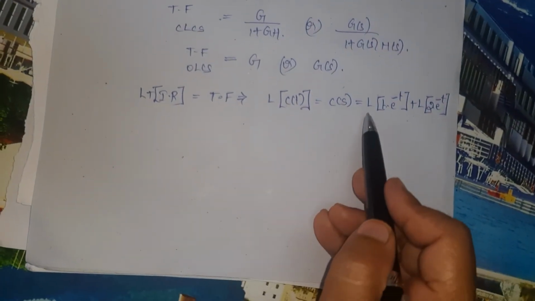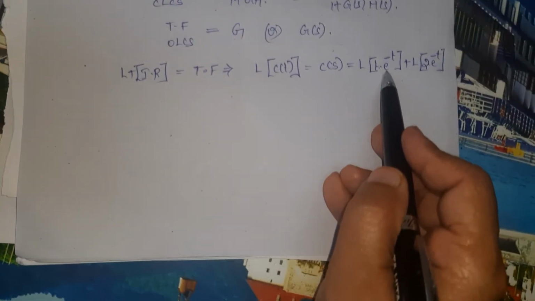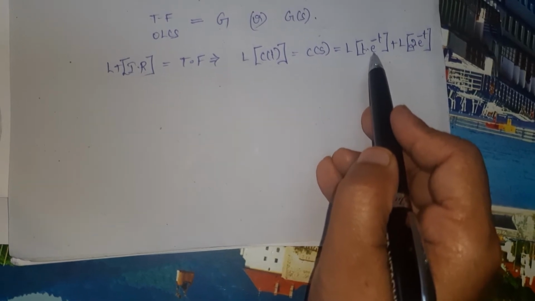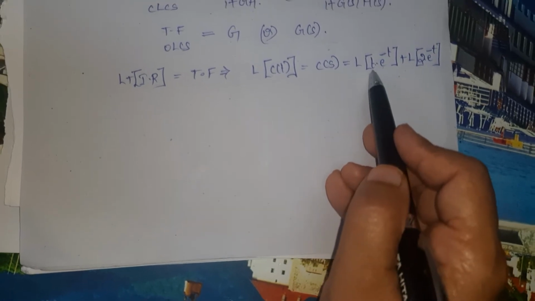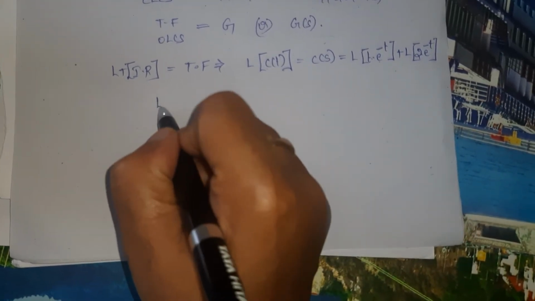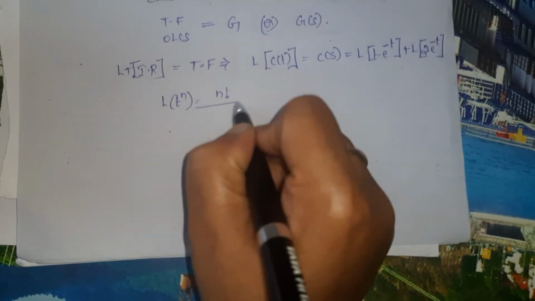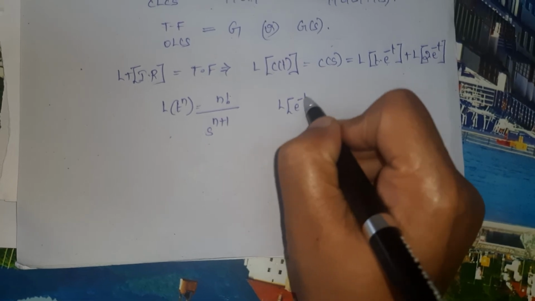So how to find the Laplace transform of t into e power minus t? It involves two formulas. What is the Laplace transform of t? T power n, n factorial by s power n plus 1. And what is the Laplace transform of e power minus t?